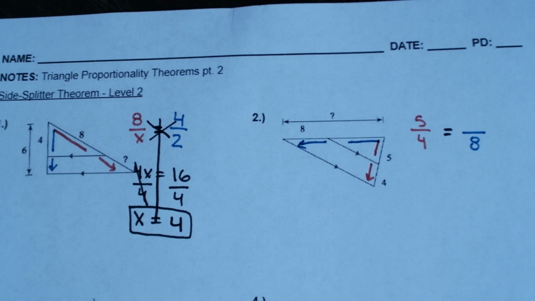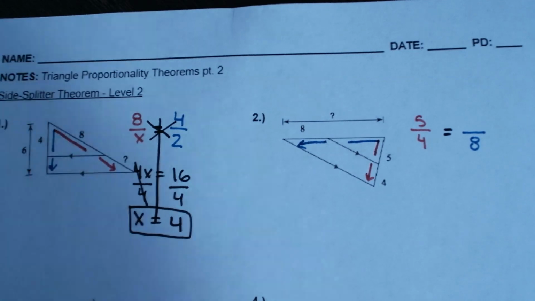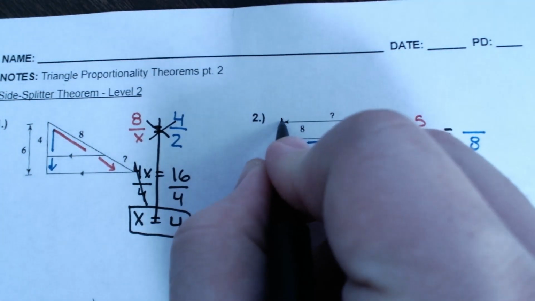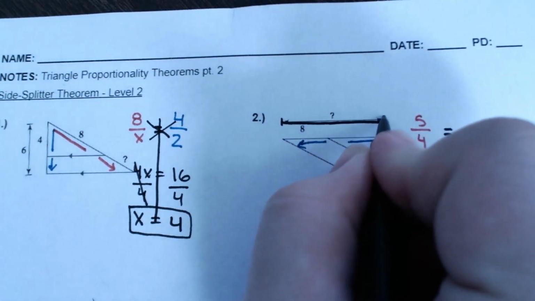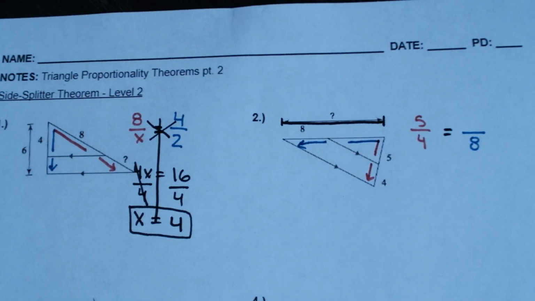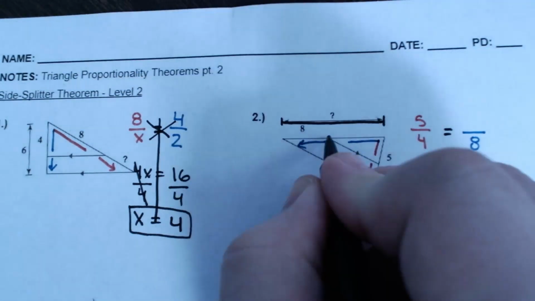The problem is that's not really x. What I want is the entire segment here of that triangle. But if I set up this proportion, I'm just going to get this much.